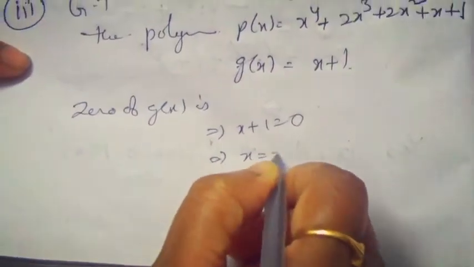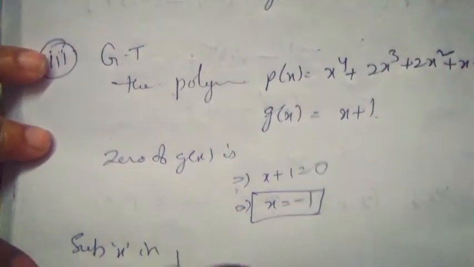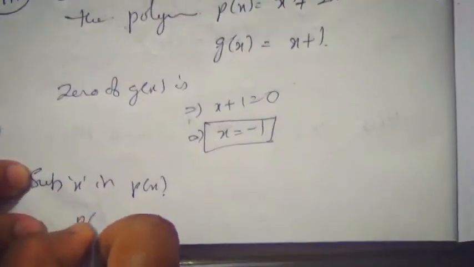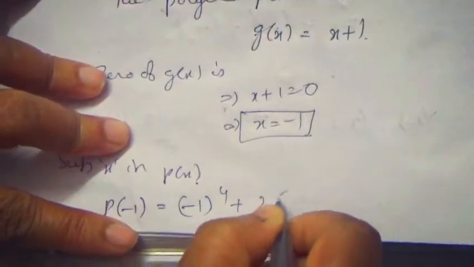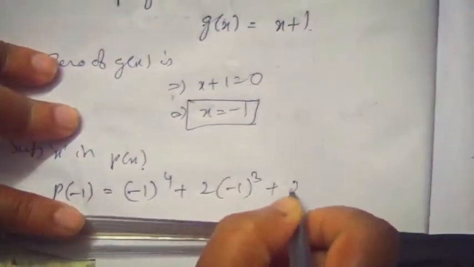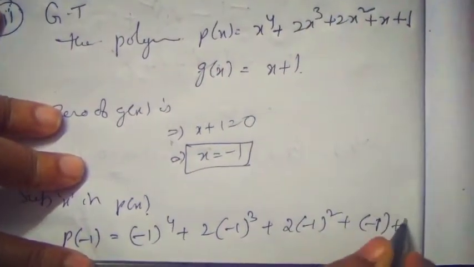That implies x is equal to minus 1. So substitute x in p of x. So you will get p of minus 1 is equal to minus 1 whole to the power of 4 plus 2 of minus 1 whole cube plus 2 of minus 1 whole square plus minus 1 plus 1.